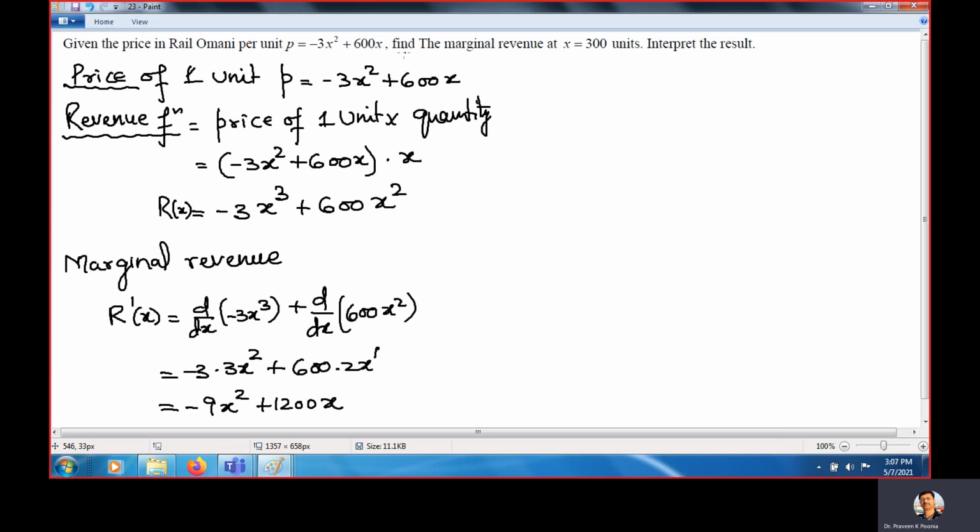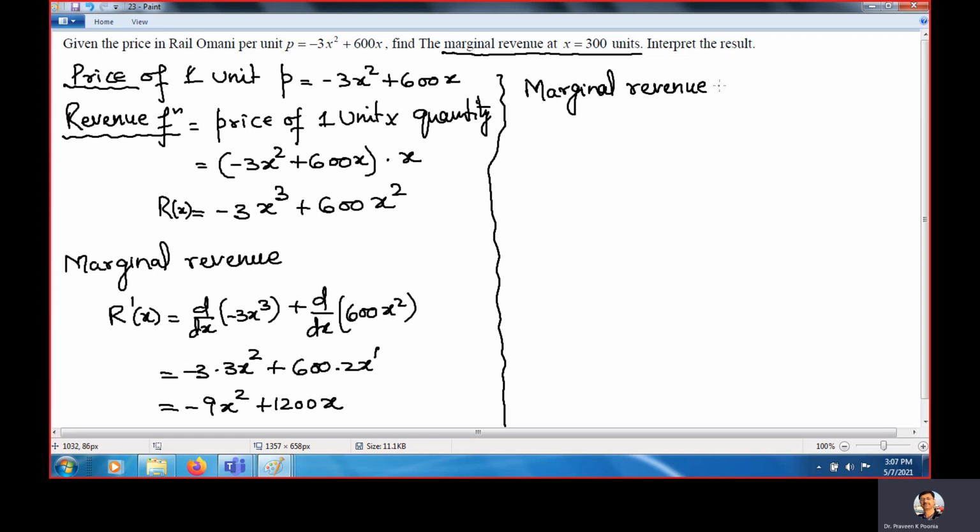Clear? Now what is the question asking? Without reading the question we evaluated this, because it is the common thing we need to do. Now we need to find the marginal revenue at 300 units. So marginal revenue is equal to R dash x at x equal to 300. It is minus 9 into 300 square plus 1200 into 300.